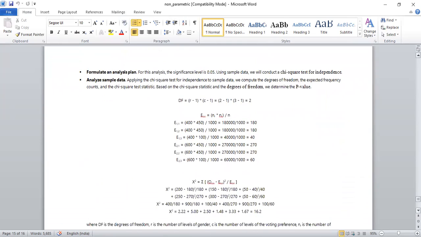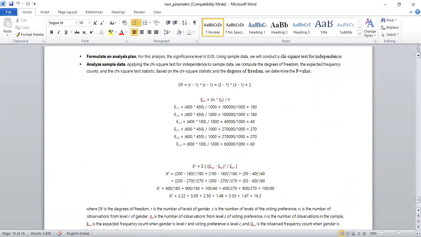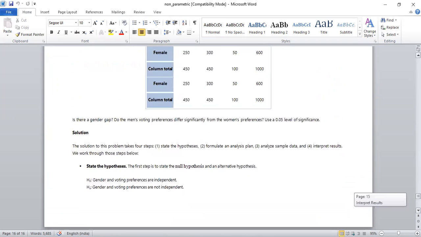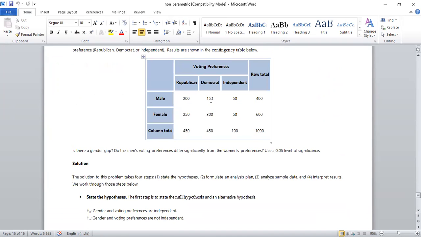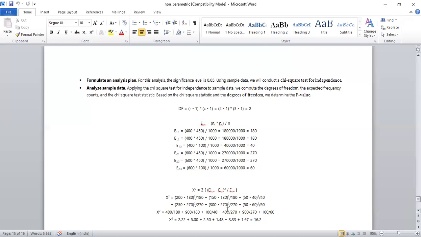Now compute the chi-square. This is your first cell value: 200 minus 180 whole square by 180. Then comes this, 150 minus 180. This is your E12, 180, and if you go back to the observed one, your O12 is 150. So this will be 150 minus 180 whole square by 180.